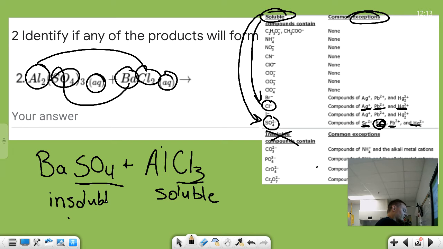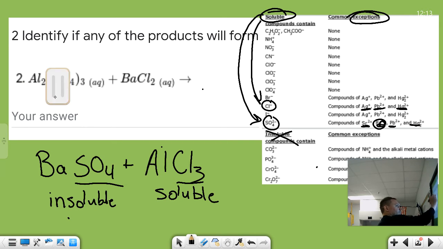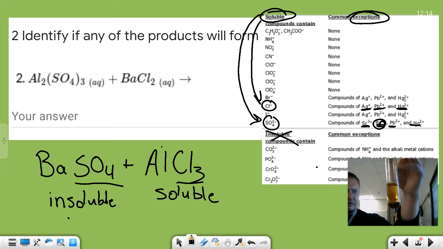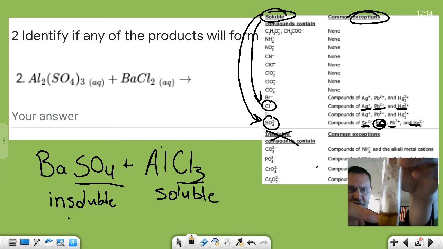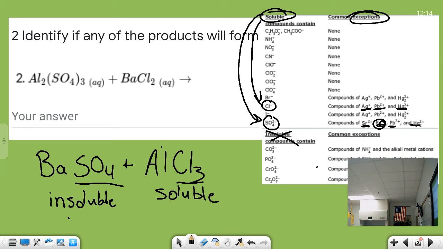That means this is going to make a precipitate. BaSO4 is going to make something like this at the bottom, whereas AlCl3 is still going to be in solution. It's not going to make any precipitate.